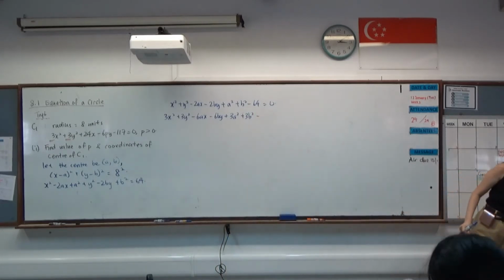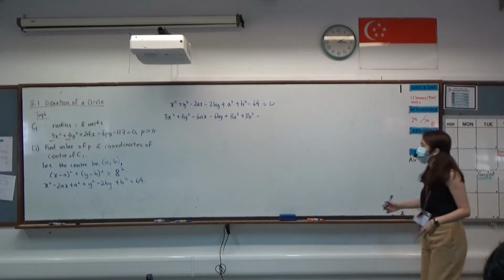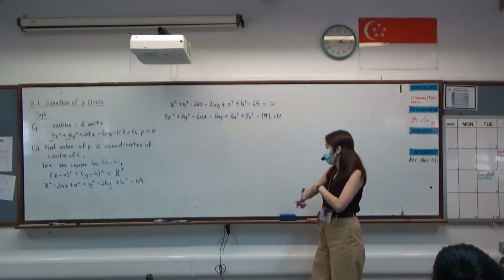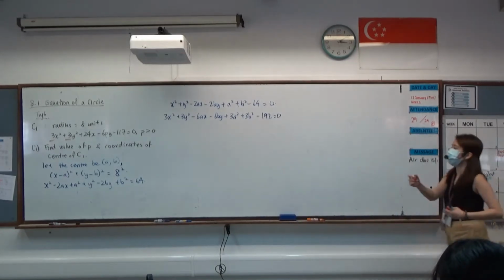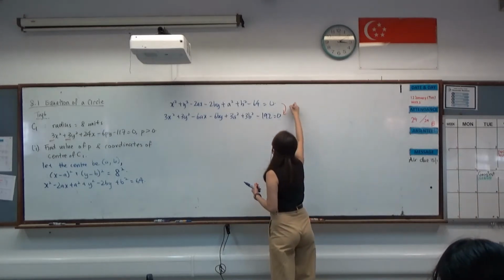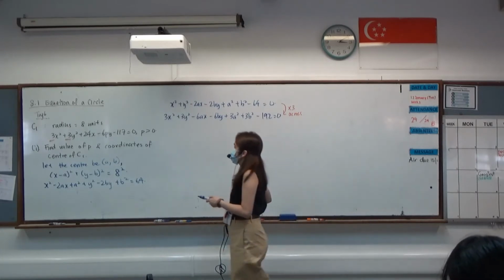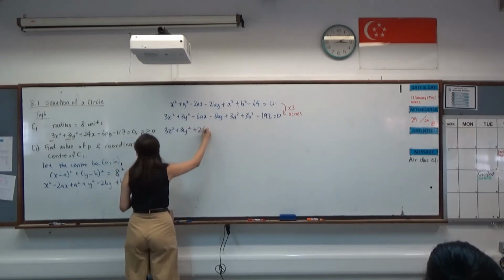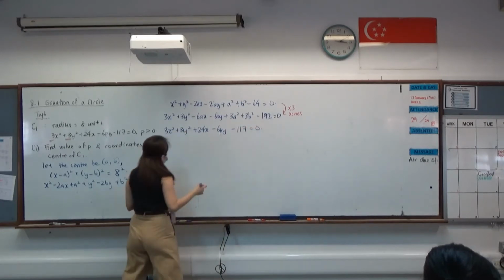So 64 times 3 would be, what is it now? 192. Okay, so when you multiply across by 3, it allows you to be able to do your comparison accurately. Okay, so now we compare it with the given equation.